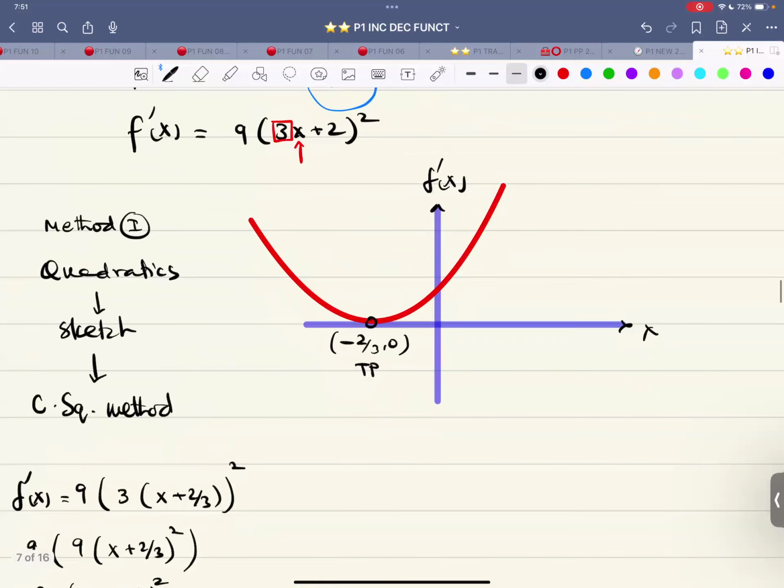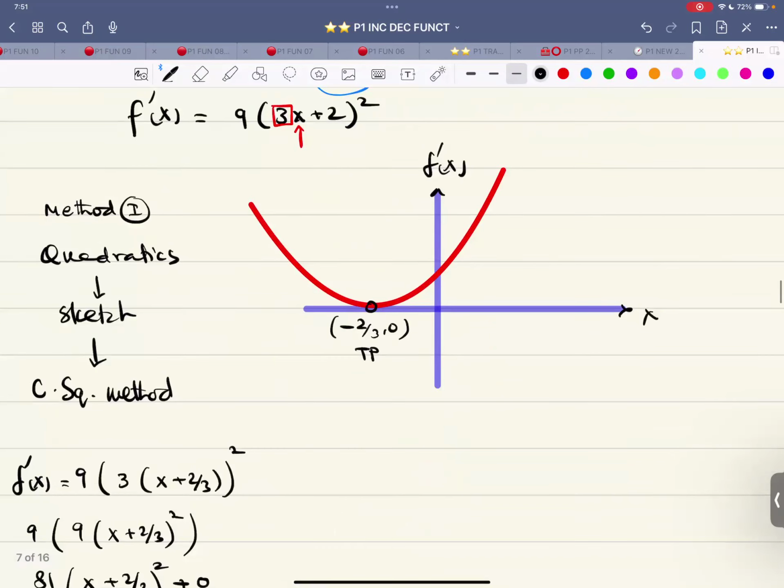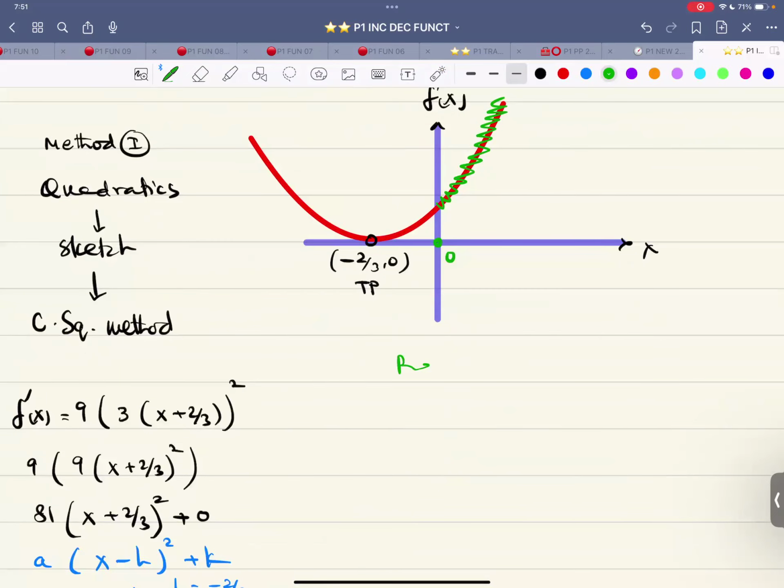The original function is cubic. The domain is x greater than or equal to 0. That means if I start from here, this portion of the graph is positive. To the right of the turning point, at the turning point, the gradient is 0. Right of the turning point, it is positive. Right of 0, it is positive. So we can say that right of x value 0, which means x is greater than or equal to 0, f'(x) is positive.